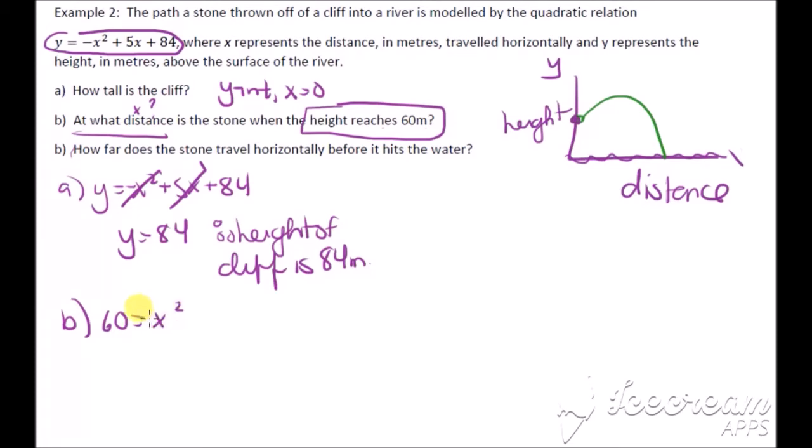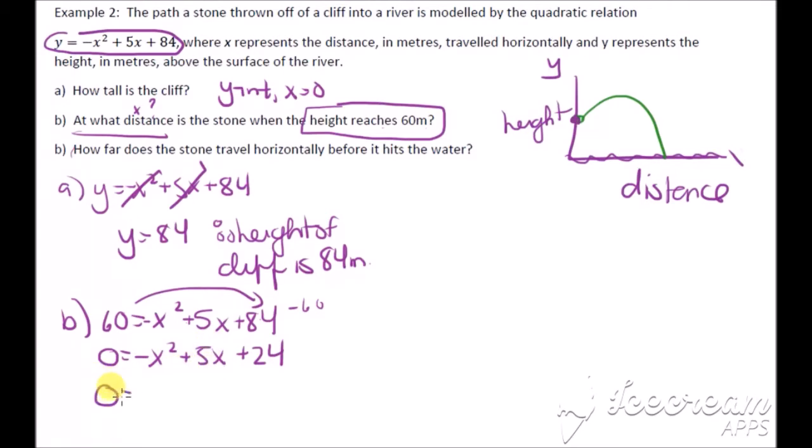So all we're doing here is subbing in the 60, bringing the 60 over, so I get 0 equals negative x squared plus 5x, and then 84 minus 60, I get 24. And what we want to do is solve for x now, so we're going to factor. Factor out this negative 1.